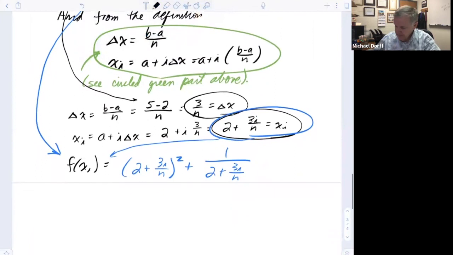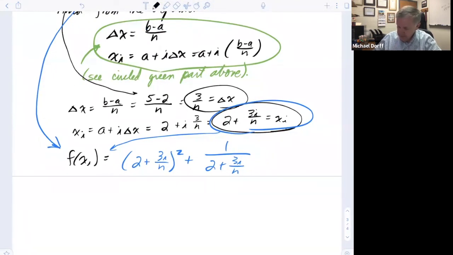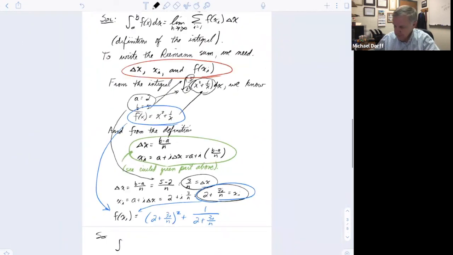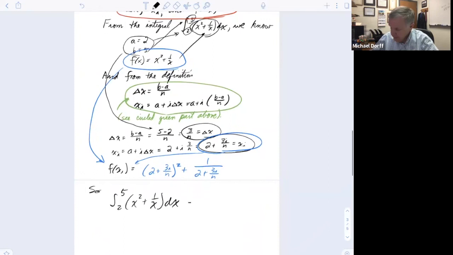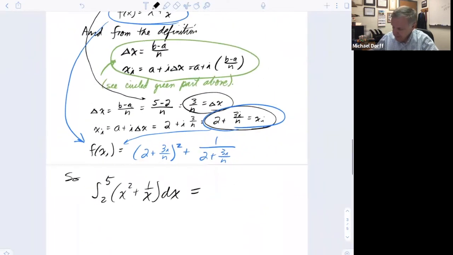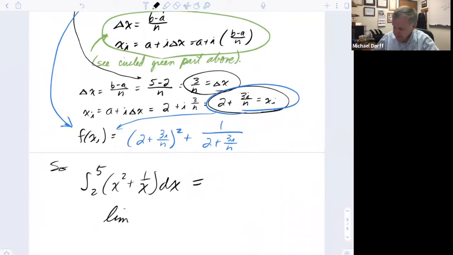So then finally, I can now finish the problem. So the integral, our original problem, back here, the integral from 2 to 5 of x squared plus 1 over x dx equals, as a Riemann sum, the limit as n goes to infinity of the sum i equals 1 to n of f of x of i delta x.